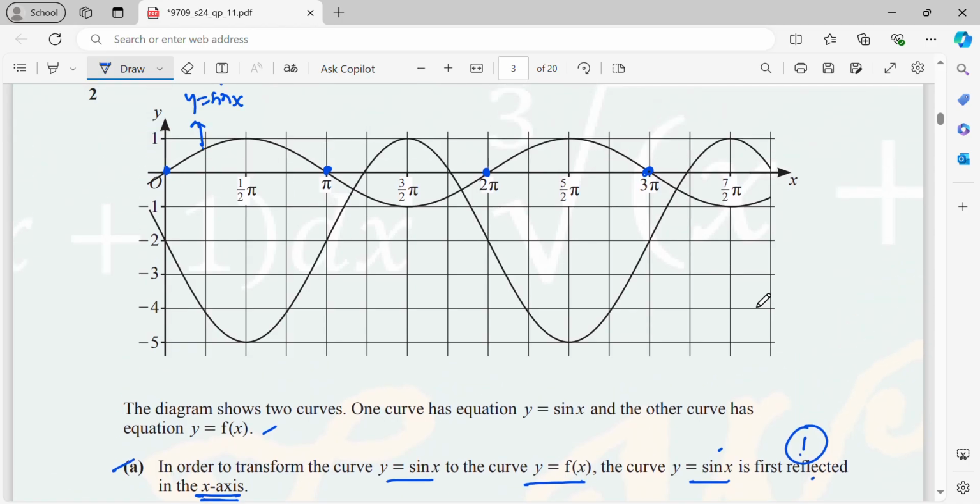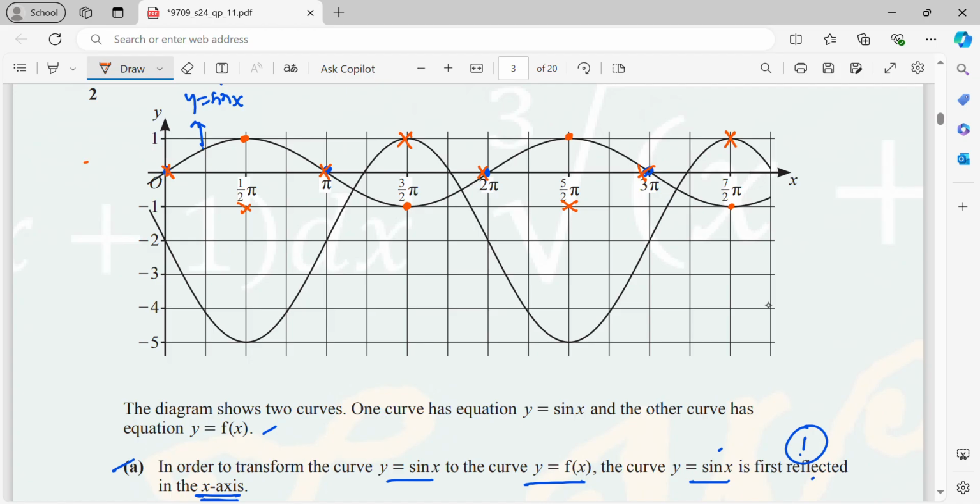x-axis. So when I reflect, that means this point becomes here. 1 becomes minus 1. So all the points on the x-axis remain, and then this minus 1 becomes positive 1. This positive 1 becomes minus 1, and this minus 1 becomes positive 1.